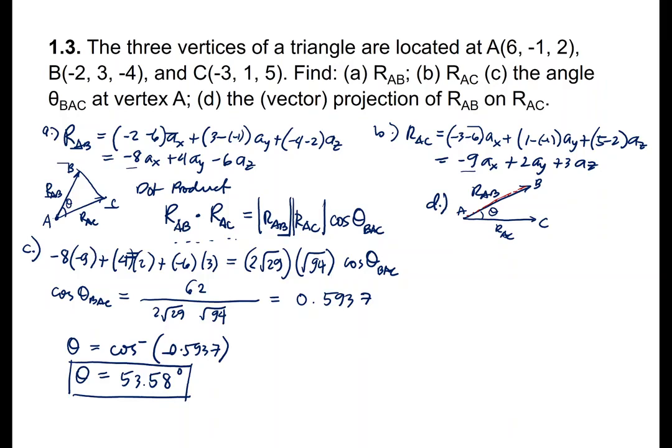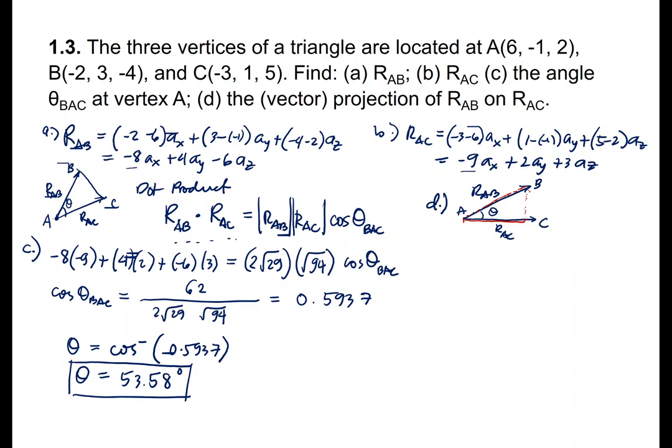To project that one, just take the cosine. So the projection is this value here. How to get that value? You have the magnitude of RAB cosine theta. And after that, because it is projected in RAC, we need to get the unit vector of RAC.